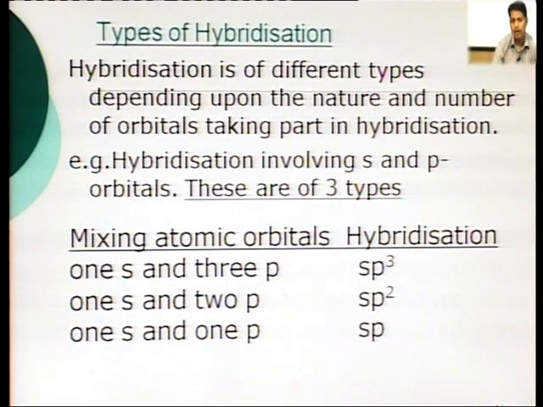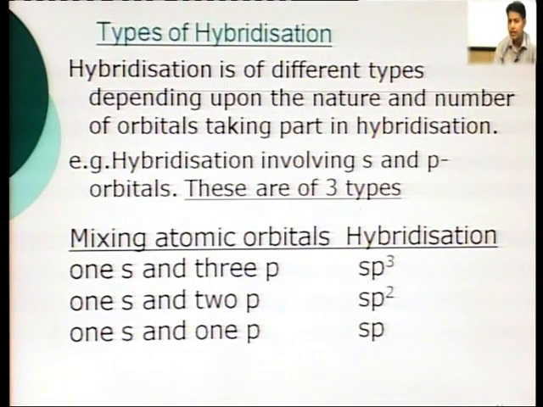Types of hybridization. Hybridization is of different types depending upon the nature and number of orbitals taking part in hybridization. For example, hybridization involving s and p orbitals has three types. The hybridization is sp3 when 1 s and 3 p orbitals are mixing.